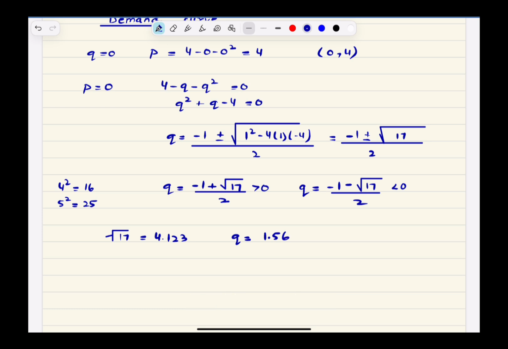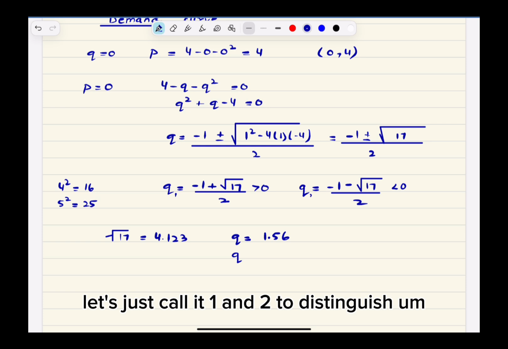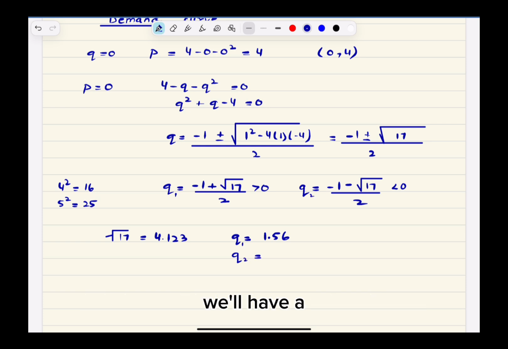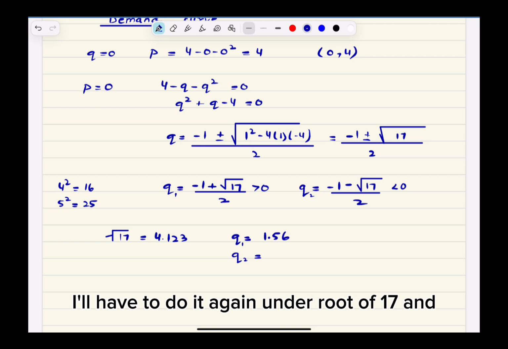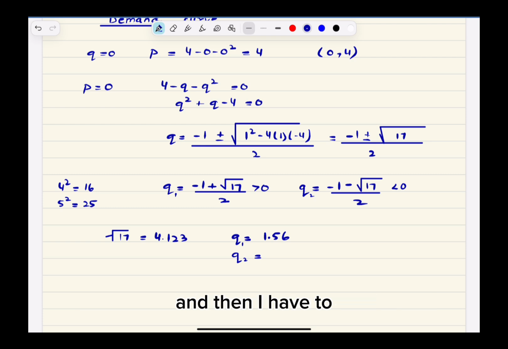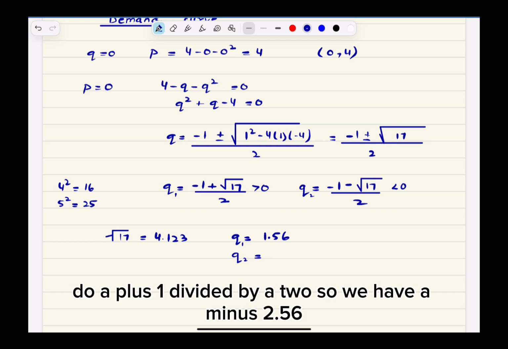And the other one, let's call them 1 and 2 to distinguish, I'll have to do it again, under root of 17, and then minus 1 minus that, divided by 2. So we have a minus 2.56.